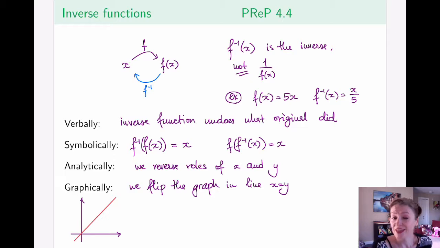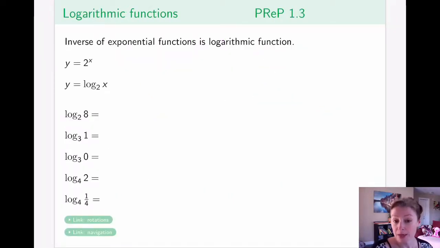The one thing that this does mean for the function, though, is that in order to have an inverse, it must also pass the horizontal line test, the test for actually having an inverse. Thinking about inverse functions in terms of exponential functions, the inverse of an exponential function is what we call a logarithmic function.